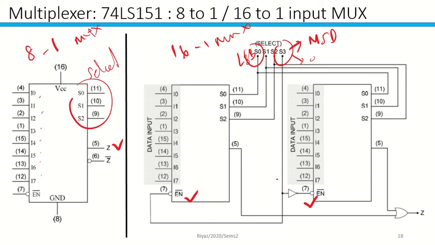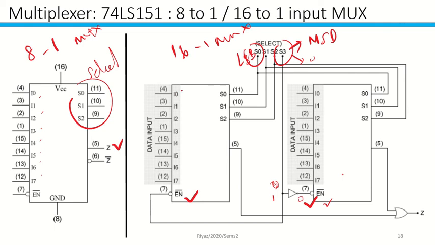But when here is 1 and this becomes 0, this particular IC will be used instead of this one, and this one will be in inactive mode. That's why you have the MSB of S3 over here.